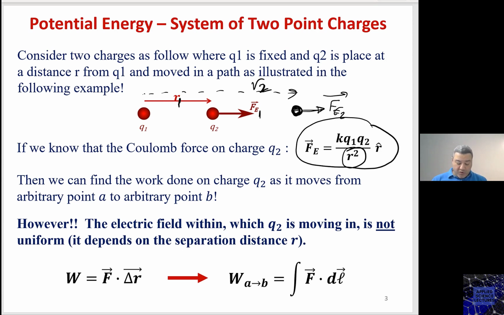Can we use the work expression that we have seen earlier in a uniform electric field, F delta R, if they are going in the same direction, for the case of a non-uniform electric field, which is going to result in a non-uniform force?